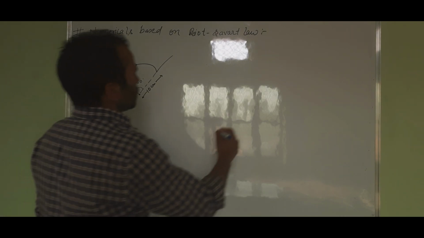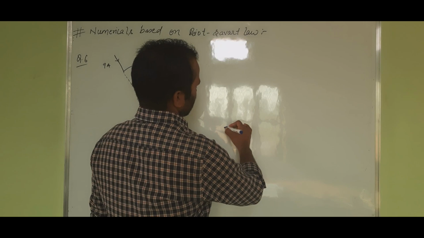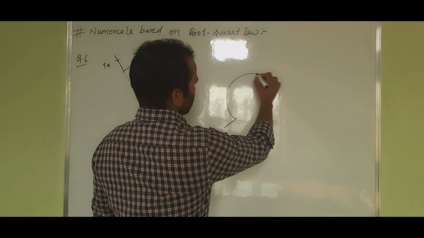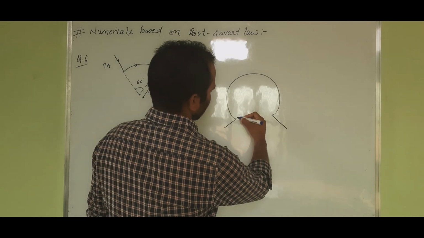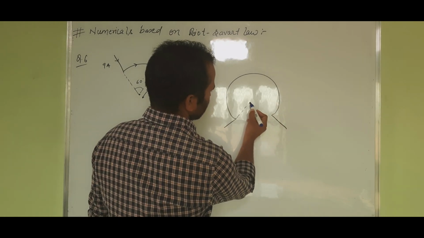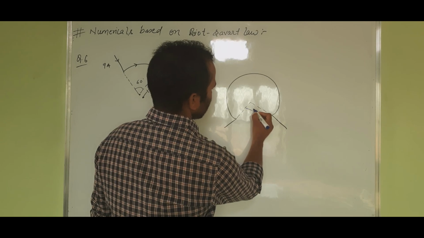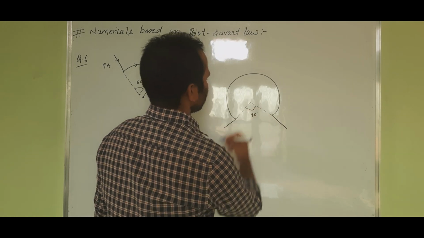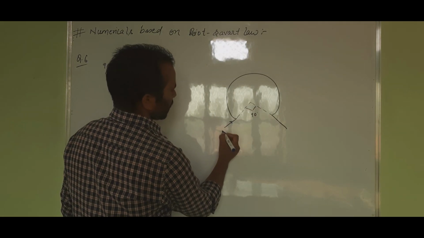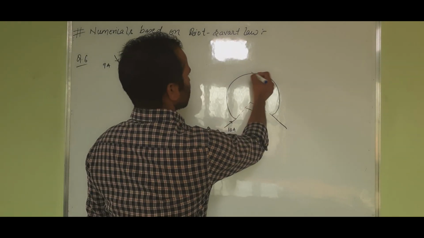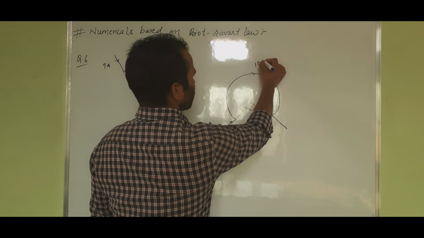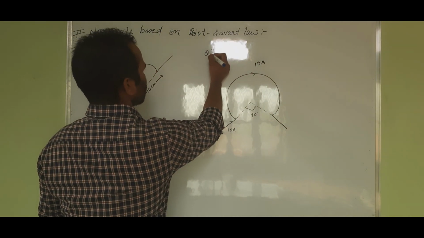And another question, in which an arc subtends a major angle at the center. It is given as 90 degree from here, and a current of 10 amperes is going through this arc. This is question number 7.